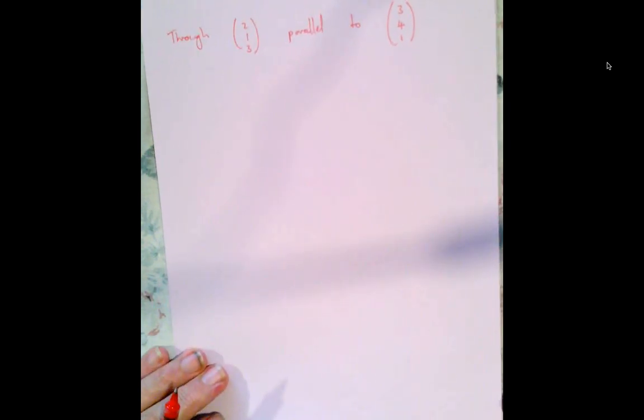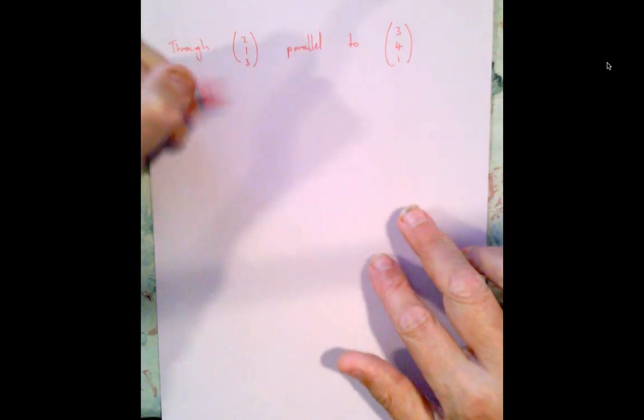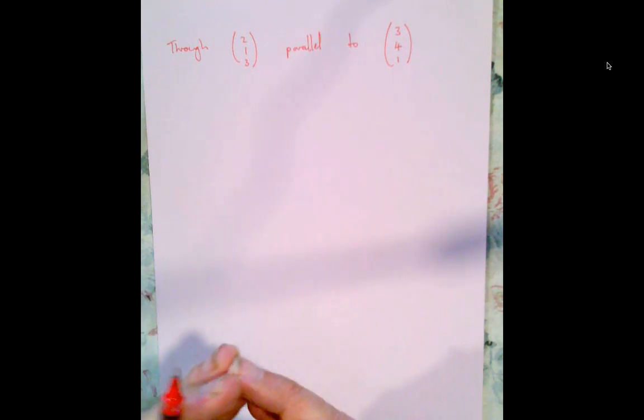And the last one, we want a line through the point (2, 1, 3), parallel to (3, 4, 1). So pretty much that's already in our form. If we go back to thinking y equals mx plus c, it's pretty much the same as this: our starting point plus some scalar of the vector.